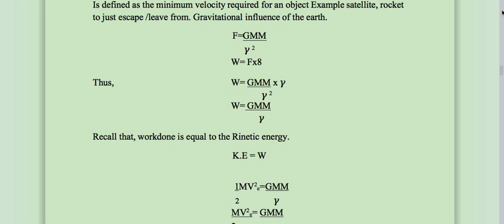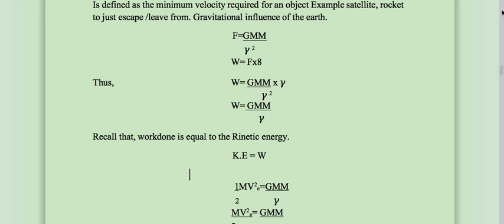Recall that work done is equal to the kinetic energy. How is this so? For a satellite to leave this Earth, the work done in moving the satellite must be equal to the kinetic energy, that means the energy to move it. The energy required for such a satellite to leave this Earth must be equal.